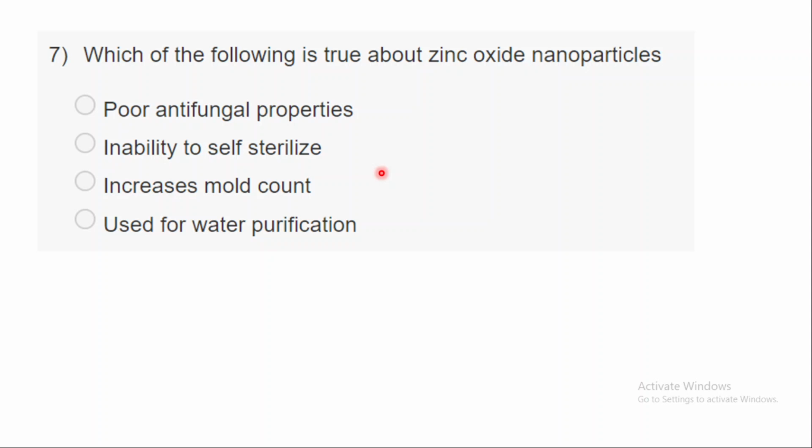And I think this is a question you can readily answer. Read it carefully and just type the answer in the comment box. Let's wait for a minute and then proceed for the correct answer.